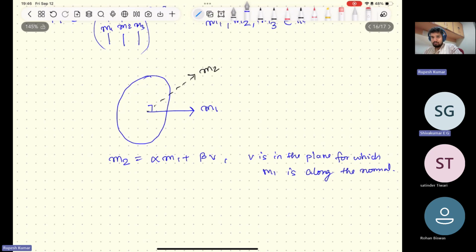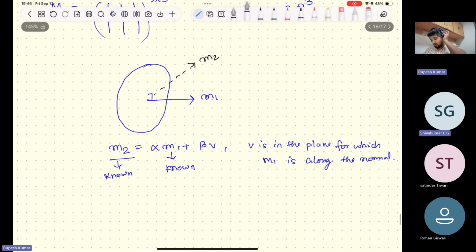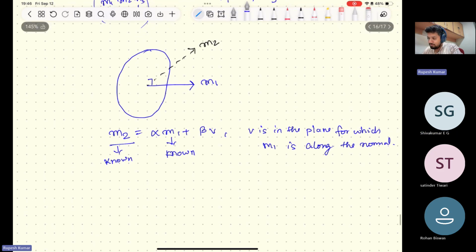Now, what I'm saying is, let's forget about M2 and figure out another vector. Let's take V from here. We know M2, so M2 is known, and M1 is known. We can always find the projection of M2 on M1, which is a very simple problem.